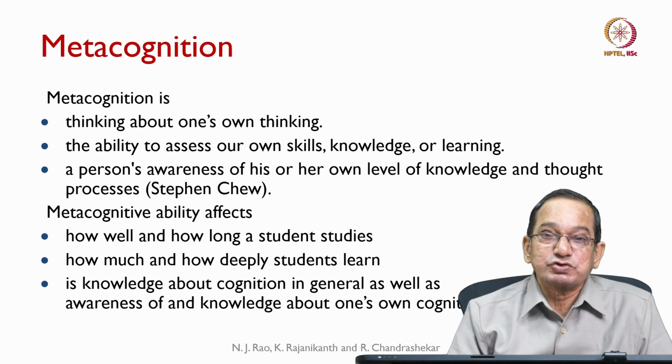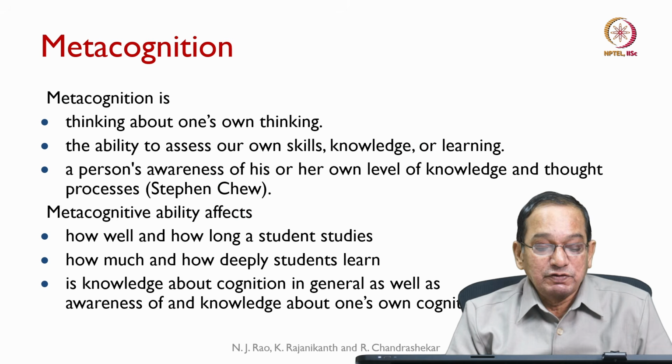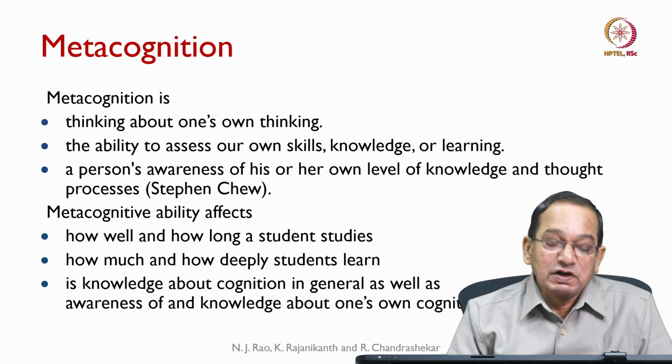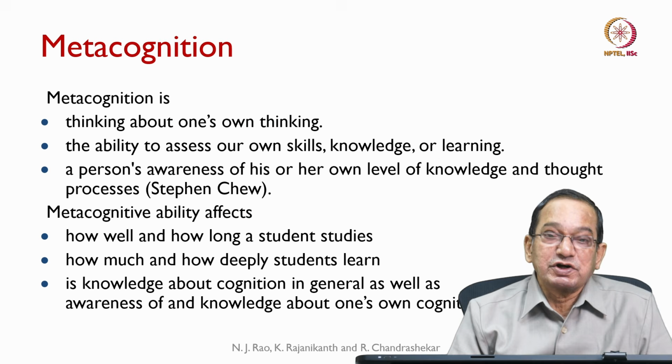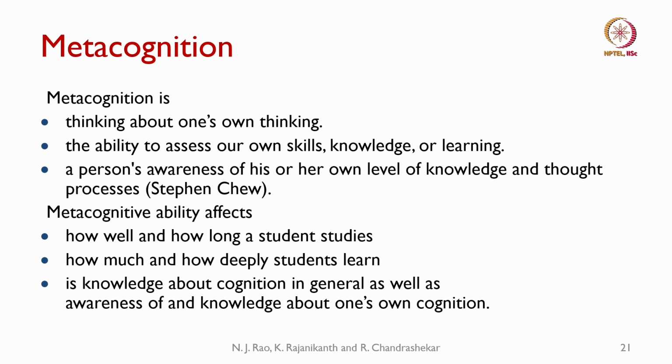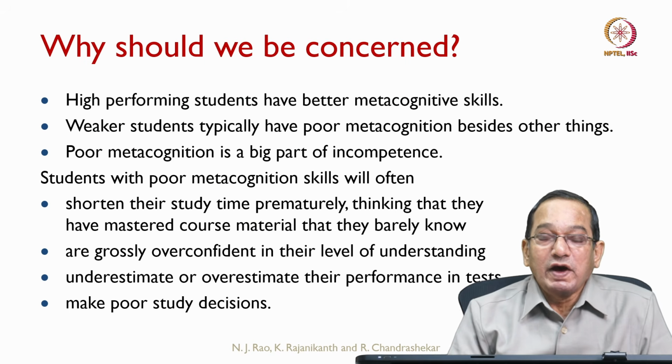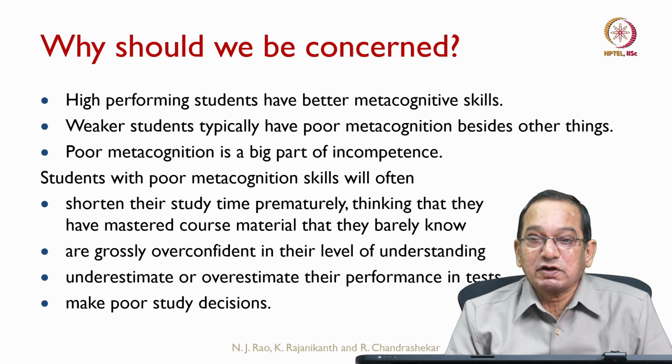This is how Stephen Chu tries to explain metacognition. Metacognitive ability affects how well and how long a student studies, how much and how deeply students learn. So, metacognitive ability is knowledge about cognition in general, as well as awareness of and knowledge about one's own cognition. Why should we be concerned with metacognition?